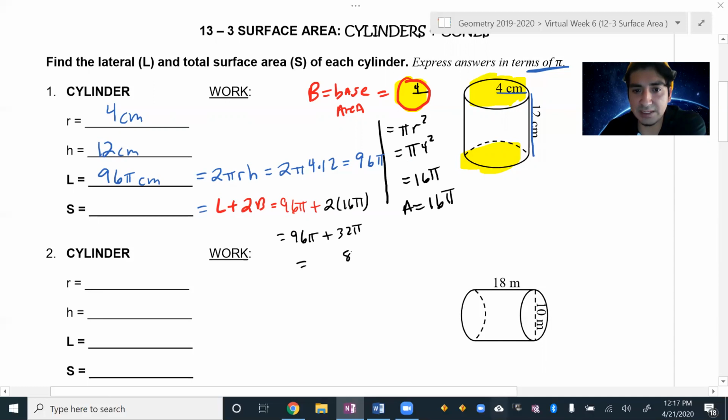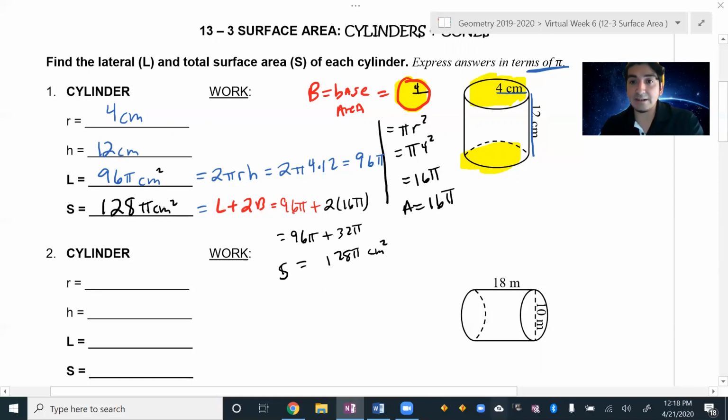So you'll have 8, and then 3 plus 9 gives you 12. So that's going to be your S in this case. So 128 centimeters squared. Oh, I forgot the pi. So 128 pi centimeters squared. I forgot this little square right here too, guys.